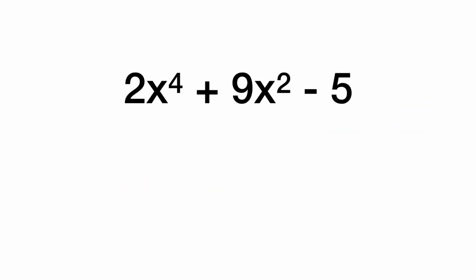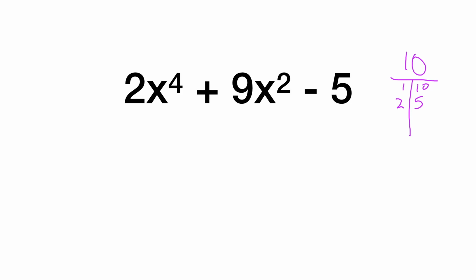Let's try another. 2x to the 4th plus 9x squared minus 5. So first, are there any common factors? 2, 9, and 5? Nope. So I multiply my leading coefficient by my constant, which gets me 10. In this case, it's a negative 10, which means I'm looking for two numbers that have a difference of, in this case, positive 9. So let's see. 1 and 10, 2 and 5.